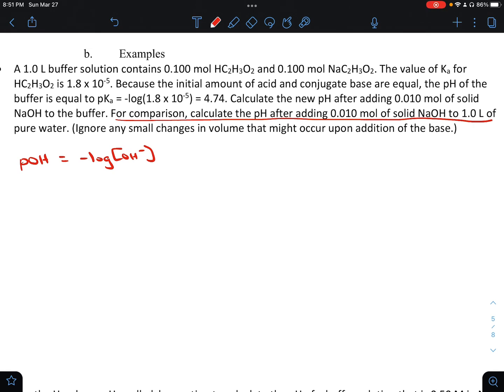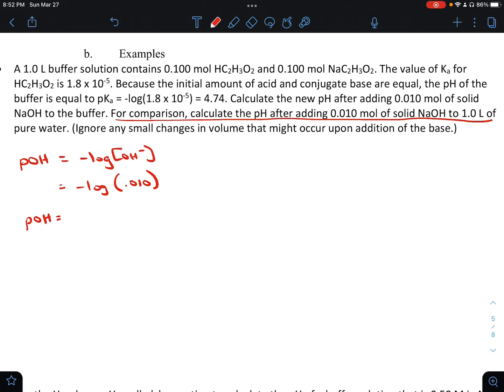To get the molarity, 0.010 divided by 1 is 0.010, so we take the negative log of 0.010. This would be our pOH if we just threw NaOH into water.